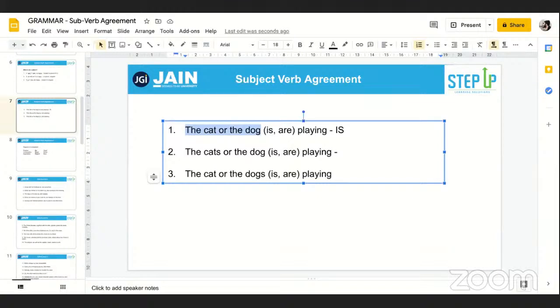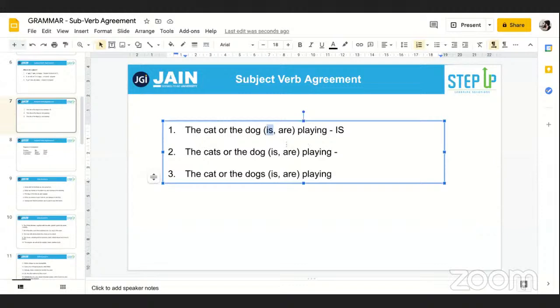I'm asking you, which is the subject, the cat or the dog? It's actually the cat, because we talked about comparison. The cat is the subject. So the verb is singular, so you use "is." The cat is playing.